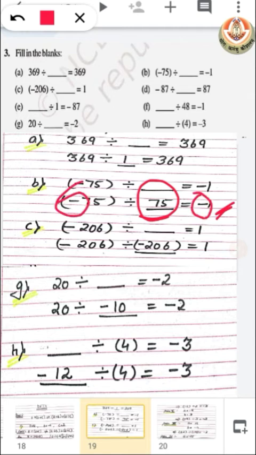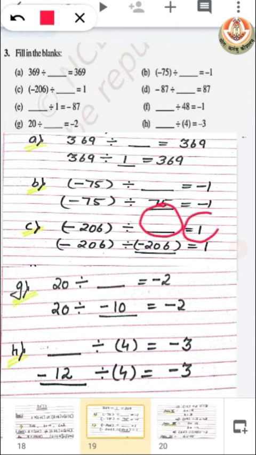for this negative. Now let's check for C. Minus 206 divided by which number to get 1? Now keep in mind that this is the case of -1 and this is the case of +1. So we have to find such a number to get positive in the answer.